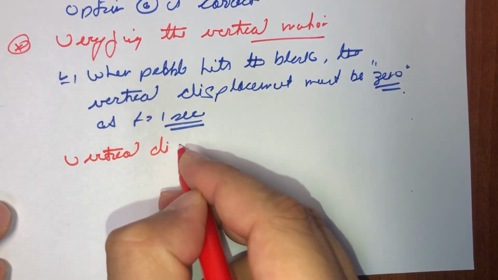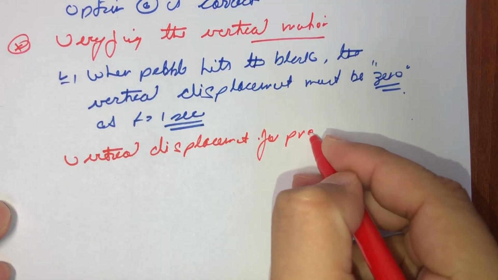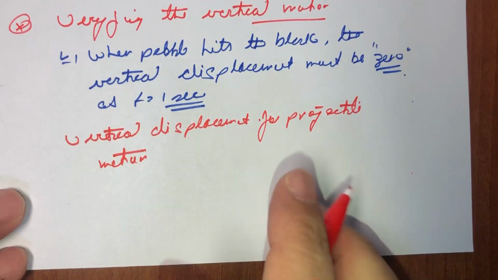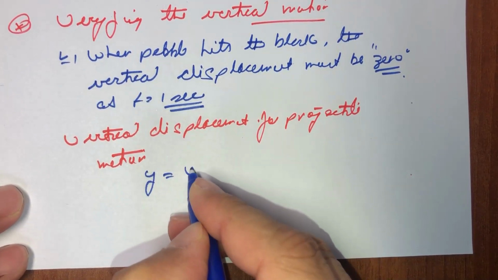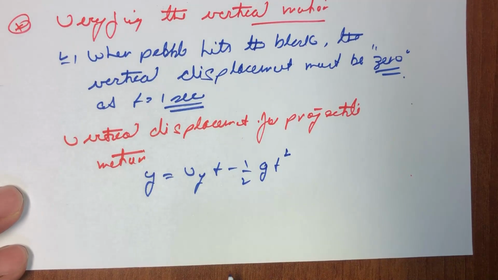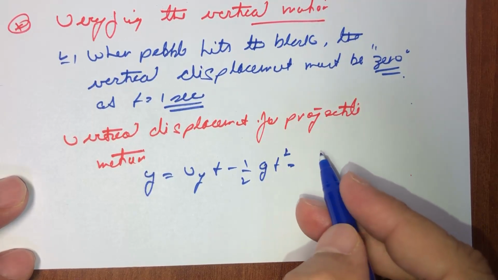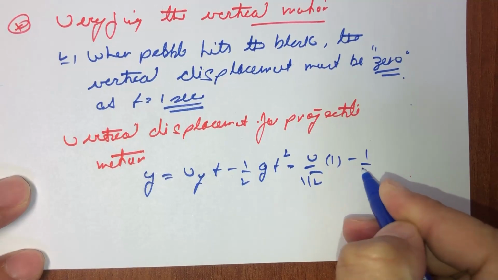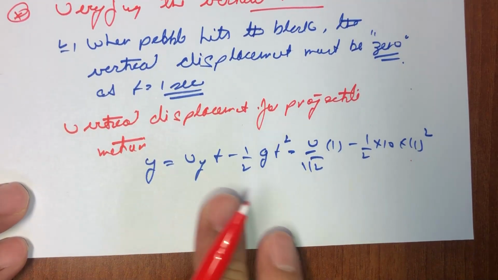Let us call that y. y will be equal to v sin 45 times t minus half g t square. v sin 45 is v upon square root of 2, multiplied by 1, minus half into 10 into 1 square, and v is 5 square root of 2.